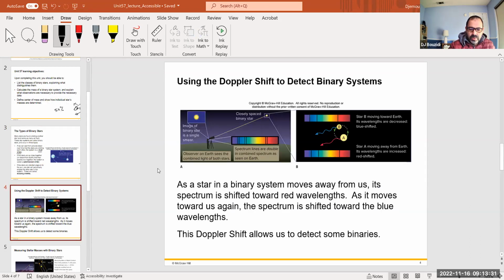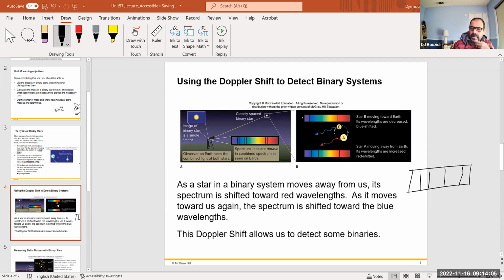So if a star is moving towards us, and it's part of a binary, its spectrum is going to shift toward the blue. Remember, if I take hydrogen, the main element in the atmosphere of a star, and look at its absorption spectrum, light leaving the star is absorbed by the hydrogen atoms in the atmosphere, and those frequencies are left out of the spectrum.